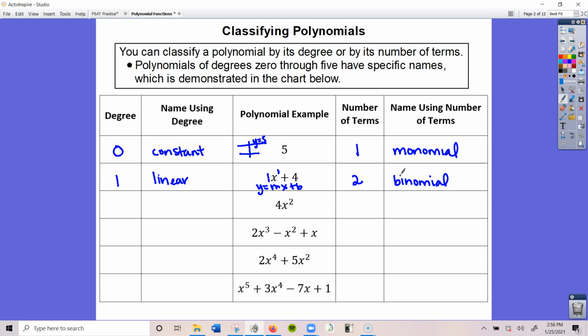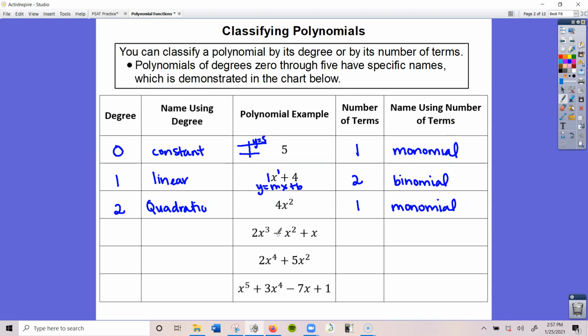Bi meaning 2. For 4x squared, the highest exponent is 2, making this a quadratic function. This particular function has only one term, so this is also a monomial. So basically what we're doing here is classifying by the degree, and classifying by the number of terms.